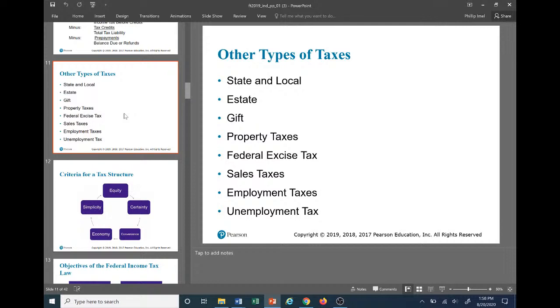Federal excise tax. This is a tax that the feds place on things like airline tickets, tobacco, alcohol, stuff of that nature. So that's what the federal excise tax is. The sales taxes, once again, that's just stuff being imposed due to sales.